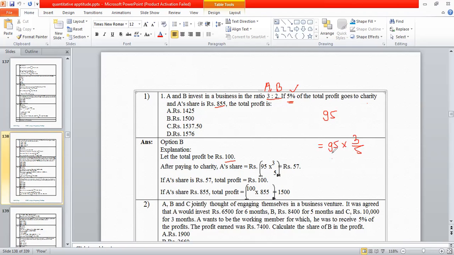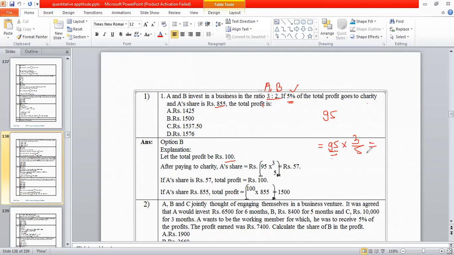Which formula are we using here? रेशोचा फॉर्म्युला यूज करतोय. हा 95 तुमचा टोटल प्रॉफिट, इंटू 3 हा शेअर ए चा आहे, आणि आउट ऑफ 3 + 2 दॅट इज 5. So 95 into 3/5. Calculate this.